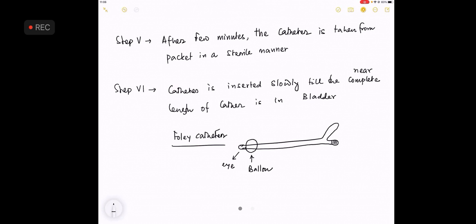This is the valve of the catheter and this is the outlet of the catheter. So it is important that whenever you do a catheterization, you should insert up to this point.